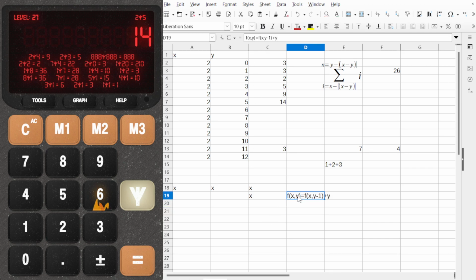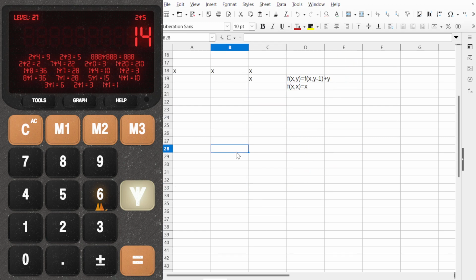This might be it. Plus f of x, 1 equals x. This could be the definition of a recursive formula. So let's make a quick recursive tree.